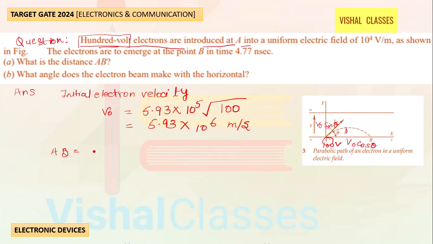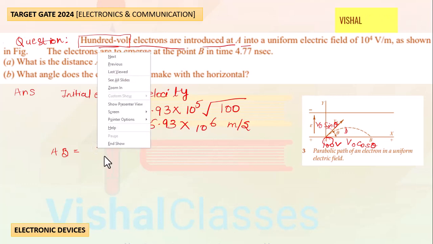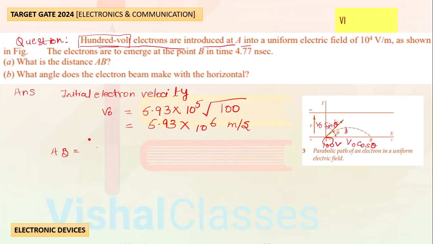Distance formula is speed into time: the initial velocity component v naught cos theta into time. 5.93 into 10 raised to power 6 into the time, which is given as 4.77 nanosecond, and a nanosecond is 10 raised to power minus 9. Calculate this.